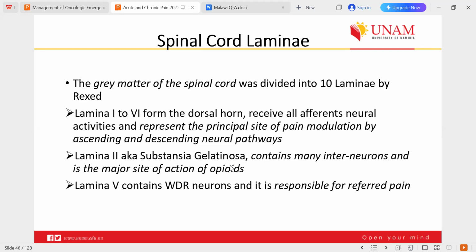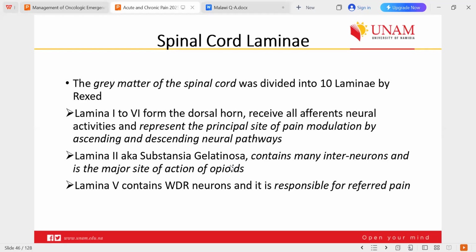Lamina 1 to 6 form the dorsal horn of the spinal cord, and this receives all afferent neural activities and represents the primary site of pain modulation by ascending and descending neural pathways. Lamina 2, also known as the substantia gelatinosa, is of importance to us as anesthetists. It contains many interneurons and is a major site of action for opioids.